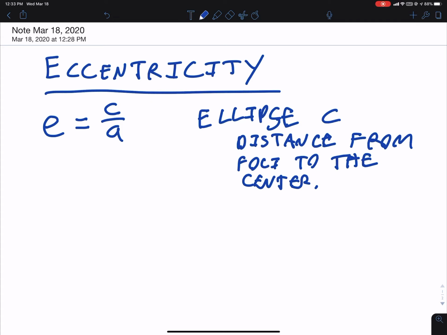And A, these aren't that organized, are they? It's the distance from the center to the furthest vertex.